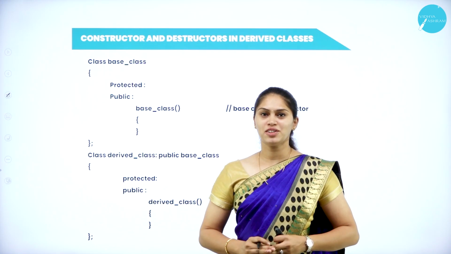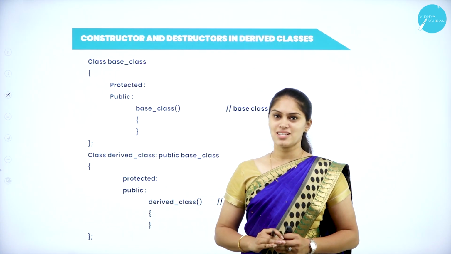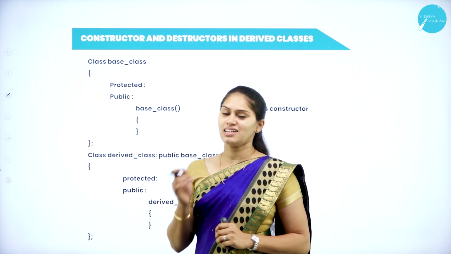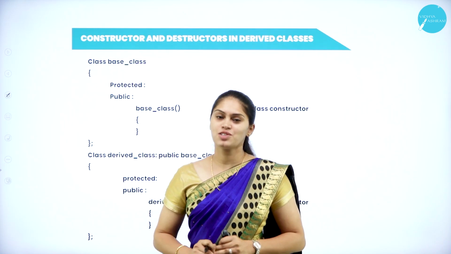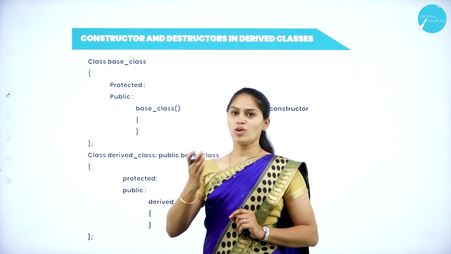Before getting into the program of using constructors and destructors in derived classes, you have to recall something about constructors and destructors. We know that a constructor has the same name as the class, it comes under the public section, and it has no return type.